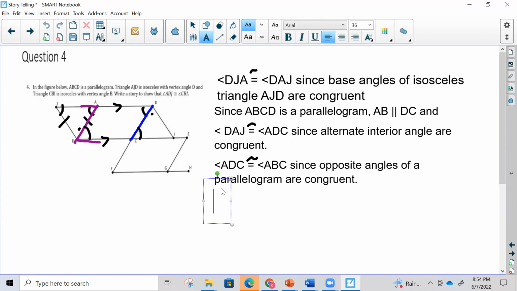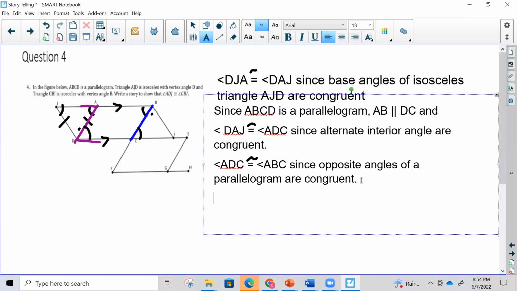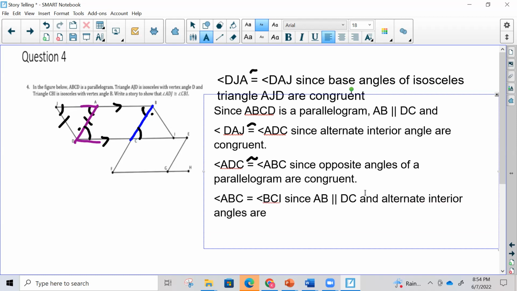So I can say now, angle ABC is congruent to BCI since AB is parallel to DC and alternate interior angles are congruent.